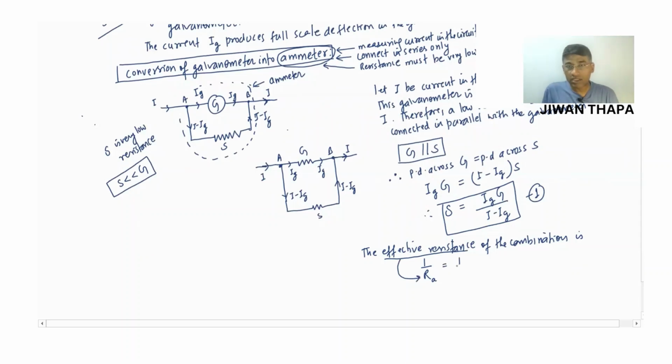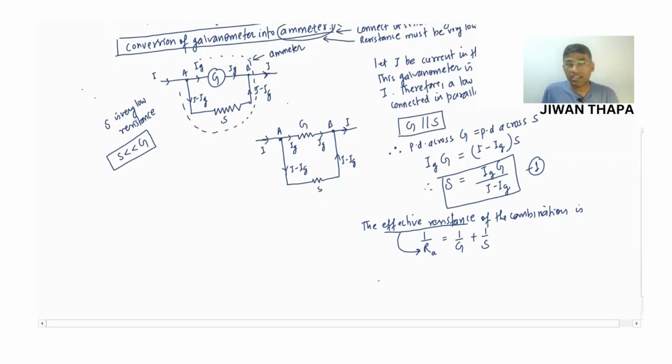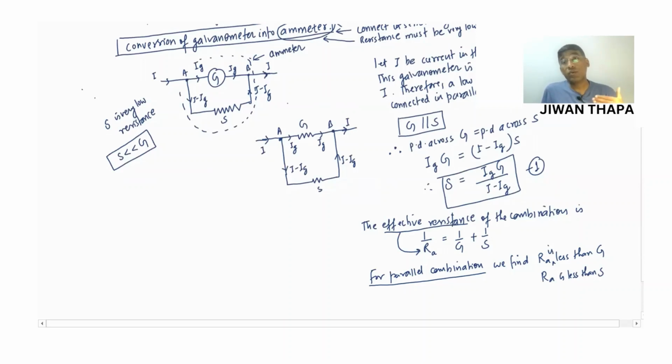So 1 by RA equals 1 by G plus 1 by S. Now what we find in case of a parallel combination is that RA is less than G, and RA is less than S. So we find this.